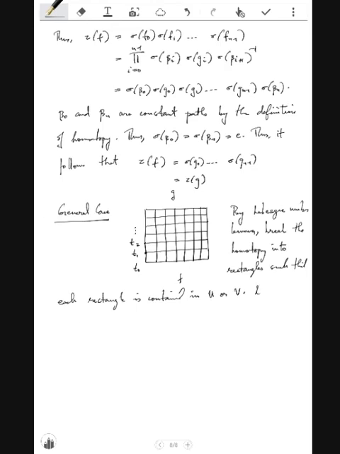So let H_j of s denote the path F of (s, T_j).